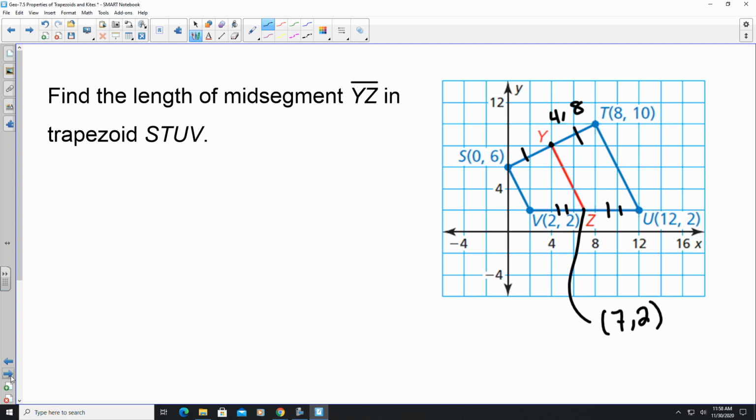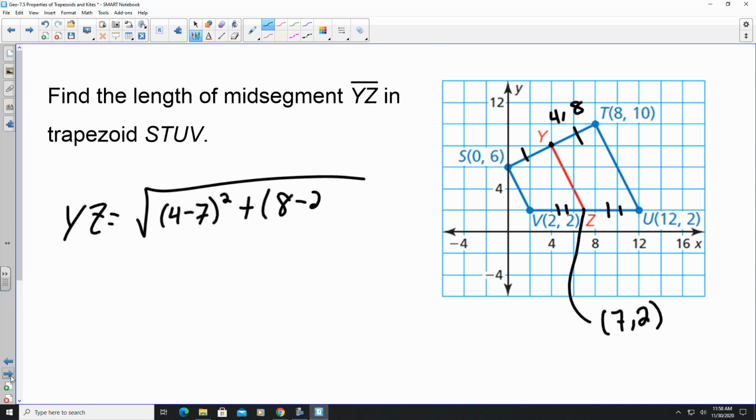So now that I know what those two coordinates are, I can use the distance formula. So the distance of YZ is going to be equal to the square root of 4 minus 7 quantity squared plus 8 minus 2 quantity squared. So I get 4 minus 7, negative 3, square that, I get 9. Plus 8 minus 2 is 6. 6 squared is 36. So 36 plus 9, I get 45.